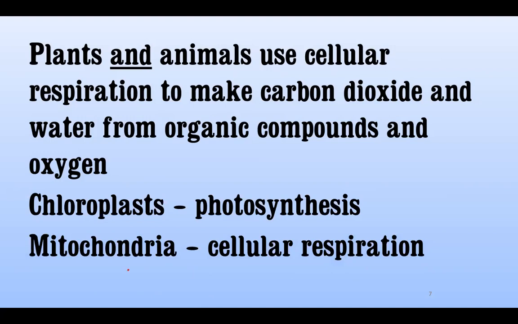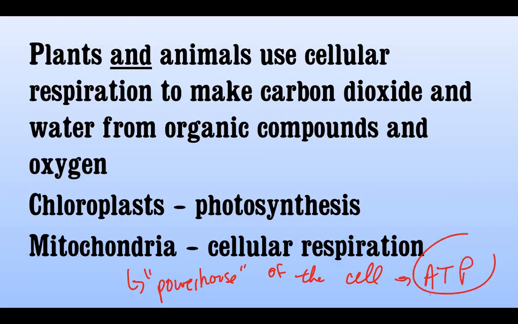You remember when we talked about mitochondria being the powerhouse of the cell? That's because it produces ATP. And if you remember back to the structure of chloroplasts, we talked about these inner membranes allowing a buildup of a concentration gradient.